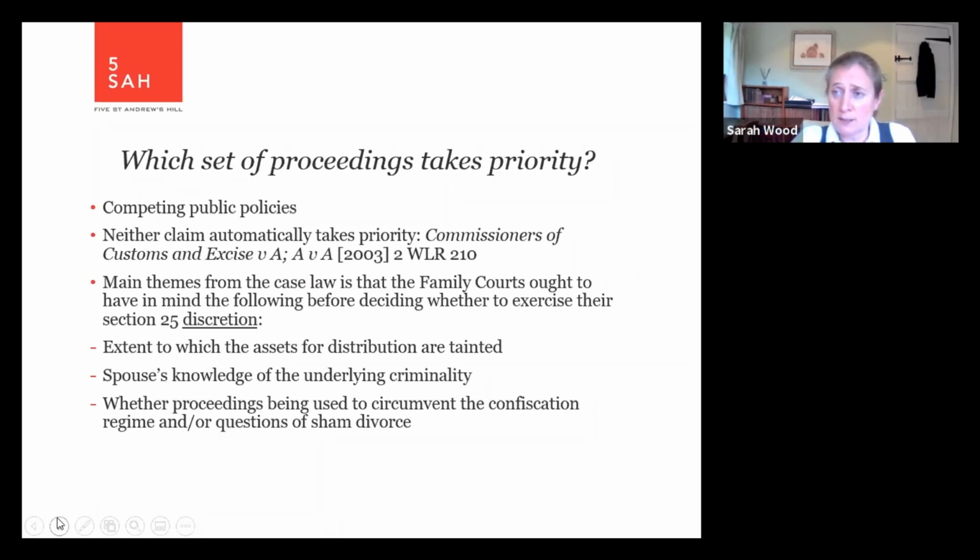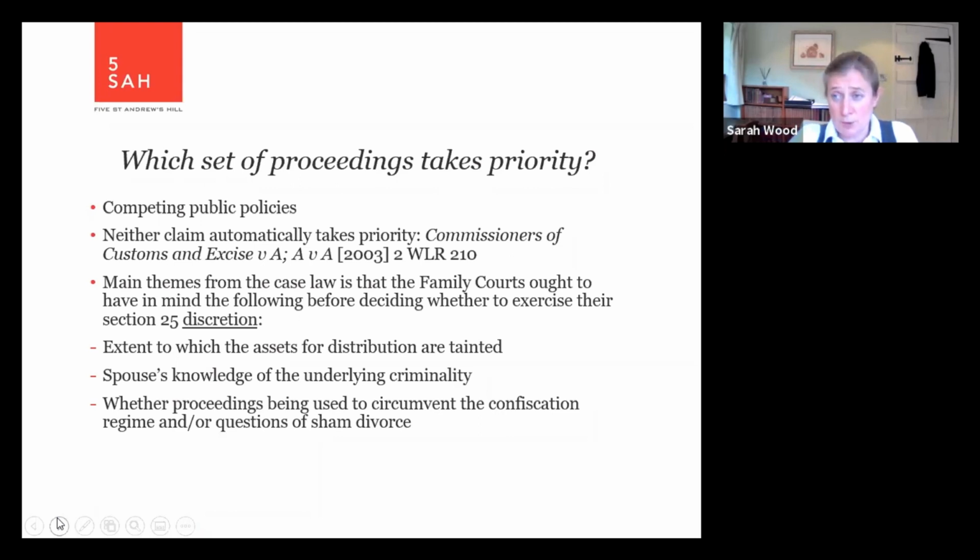And it's not hard to see, as the case law has stressed, that there are competing public policies in this scenario, because on the one hand you have the interests of the state, who are seeking to recover the money that they are entitled to pursuant to POCA and under the confiscation regime, and on the other hand you have the interest of the spouse, who needs to be catered for pursuant to the Section 25 factors.